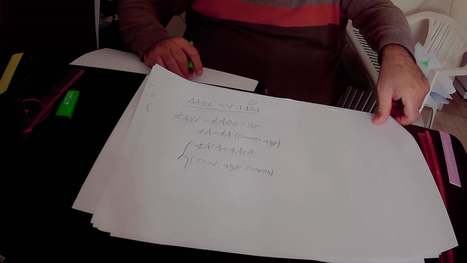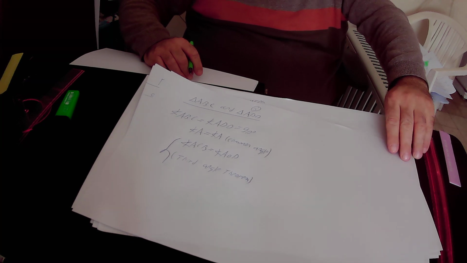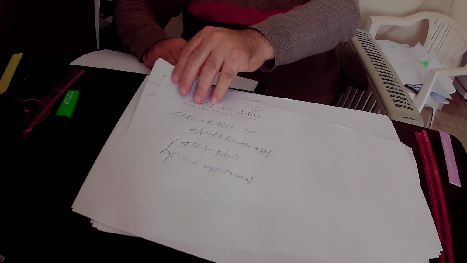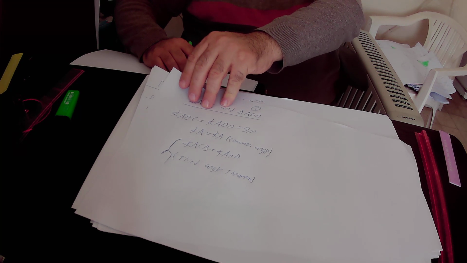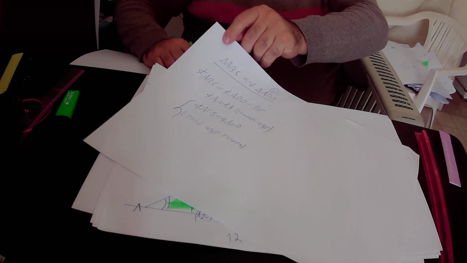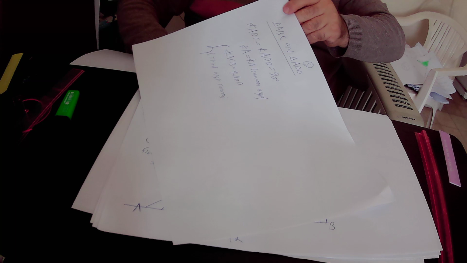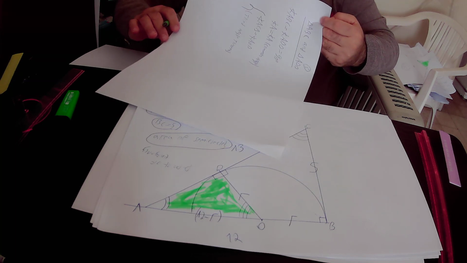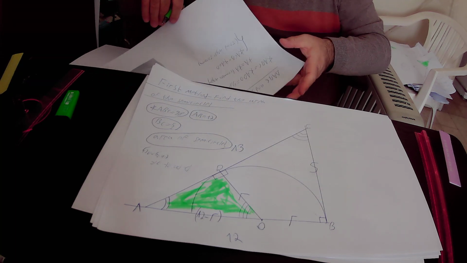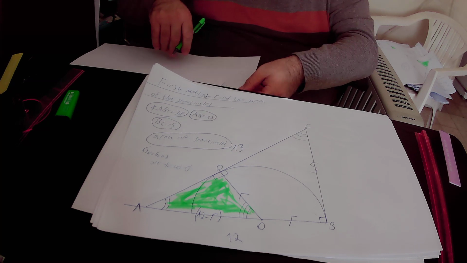So what is the third angle theorem? The third angle theorem says that if two angles in one triangle are congruent to two angles in another triangle, then the third pair of angles must also be congruent.